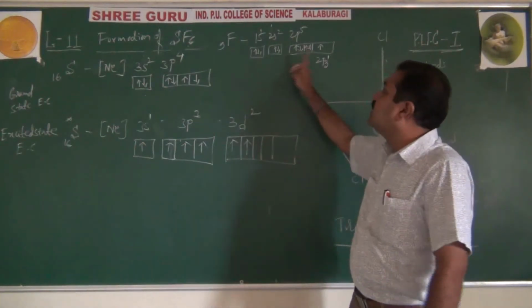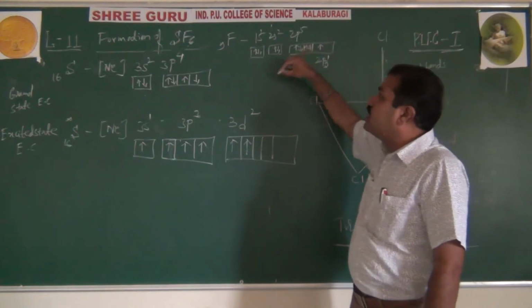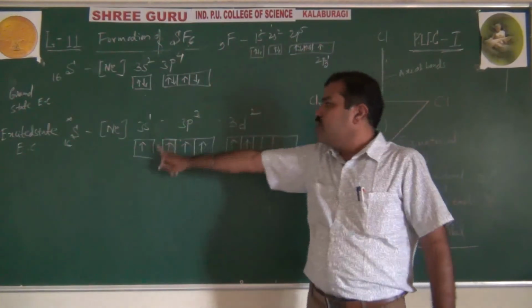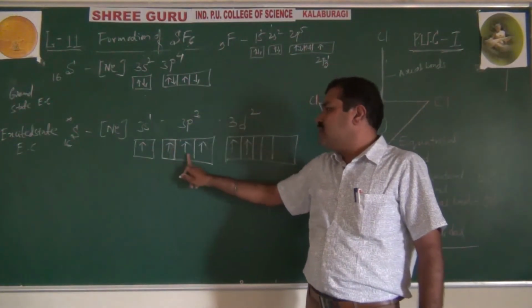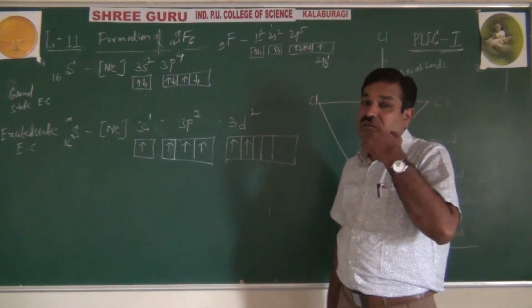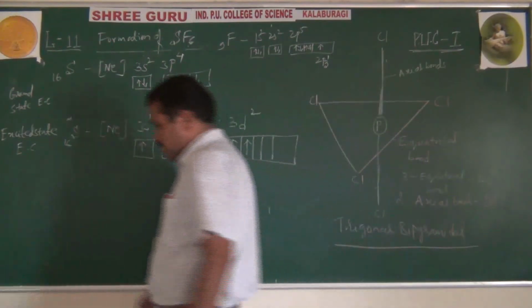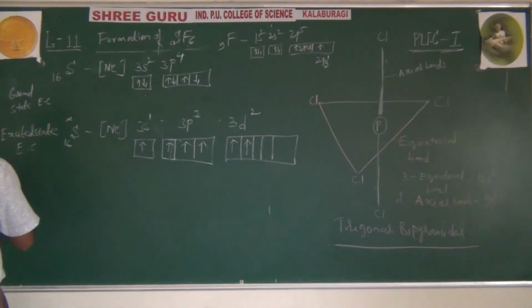Now the 2pz orbitals of the 6 fluorine atoms will overlap here with 3s, 3px, 3py, 3pz, 3d, 3d, forming d2sp3 hybridization. Very simple, right?